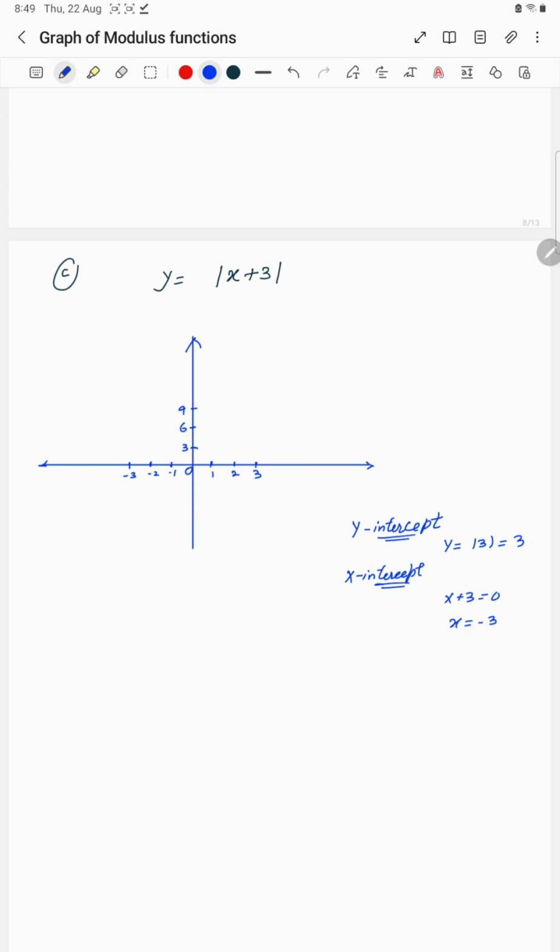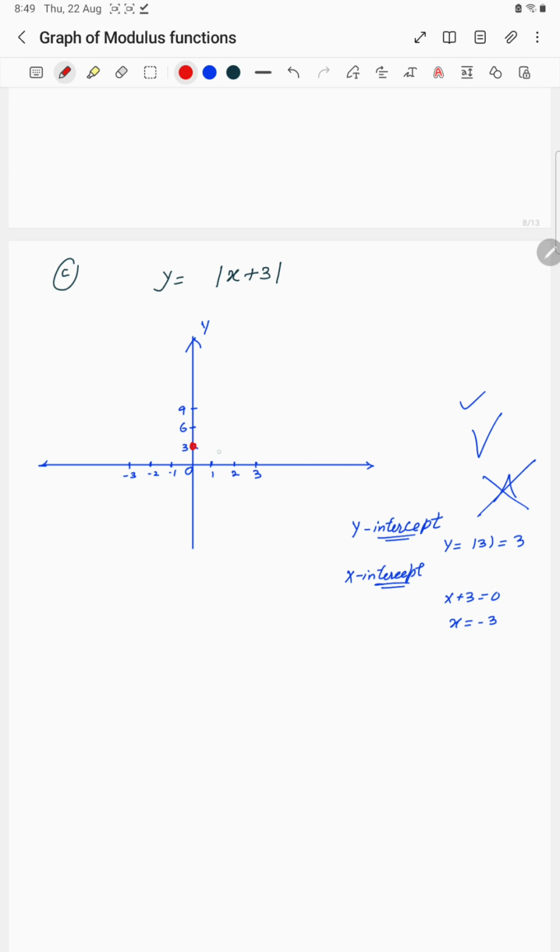So for all values of x, y will be positive, so we can only take the shape of this one instead of this. So we'll go with this one. Sketch it. For 0, we get y is 3, so the turning point is here.